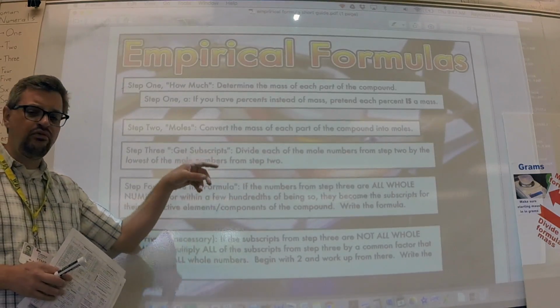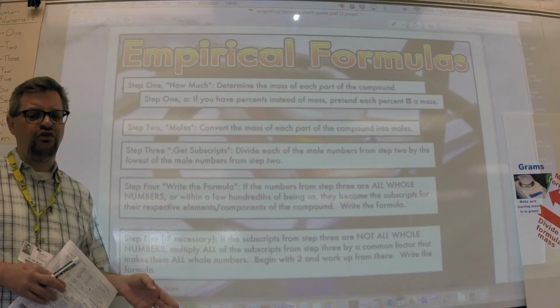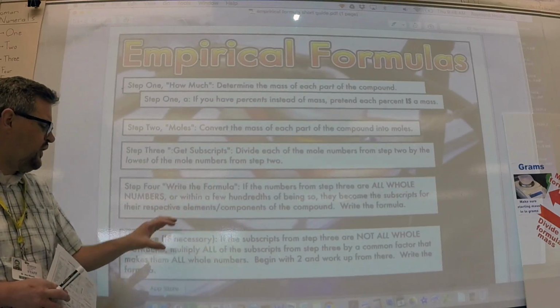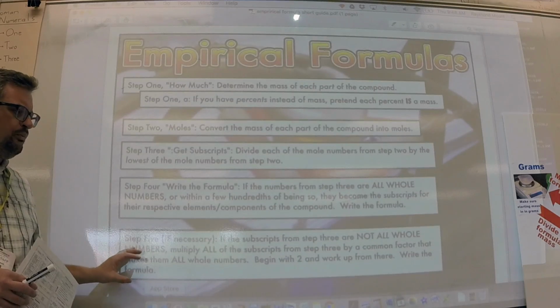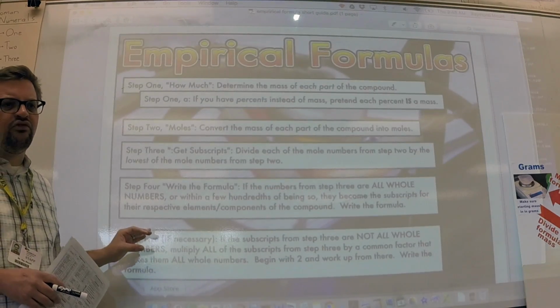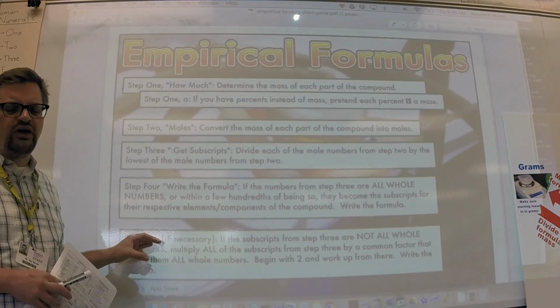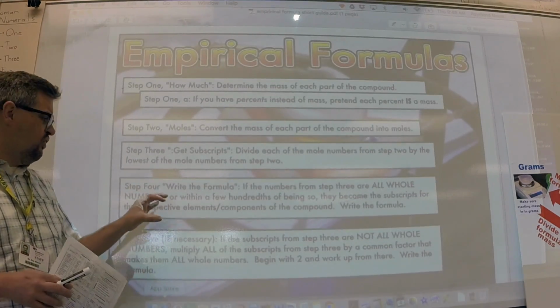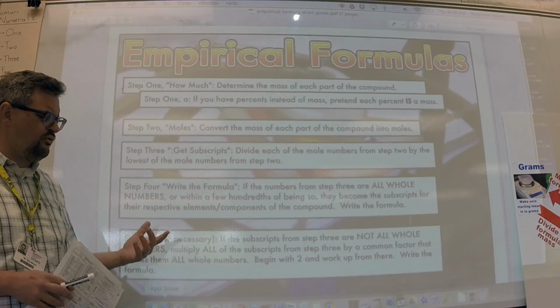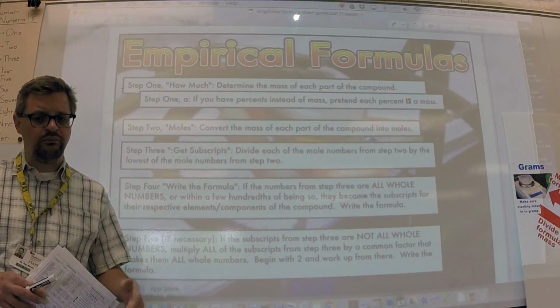If the subscripts from step 3 are not close enough to round, then you have to do, if necessary, step 5, where you multiply all the subscripts by a small common factor so that they all become whole numbers. Then you write the formula using those numbers.